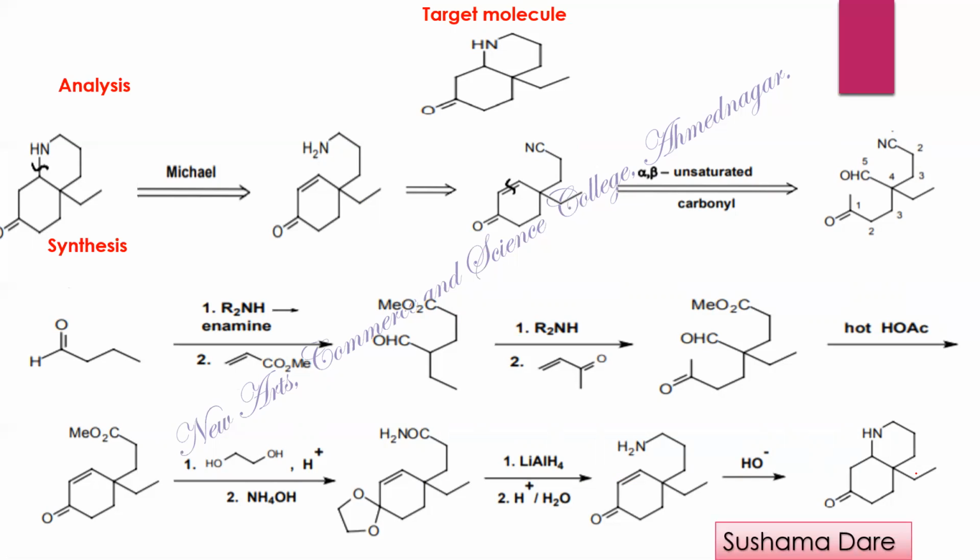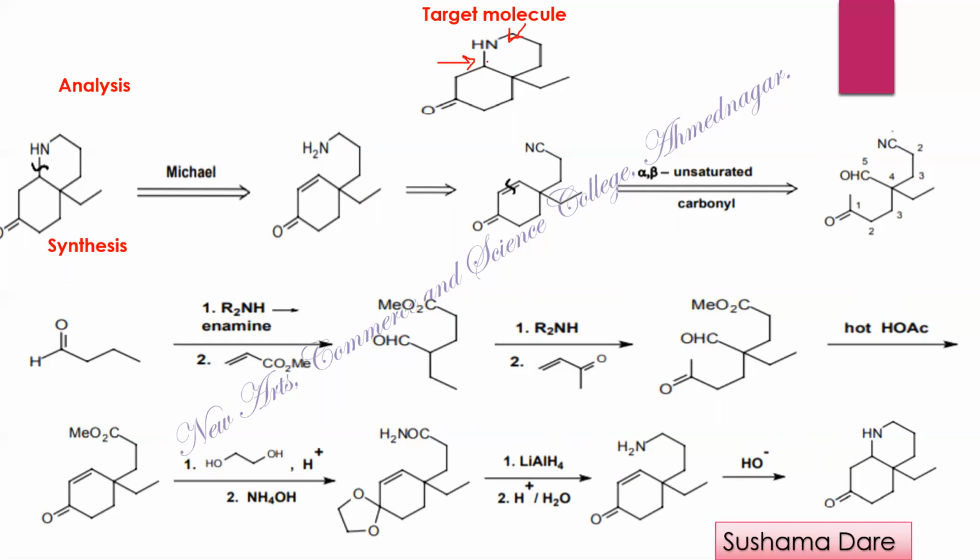In one case, there is the more substituted carbon, and on the other hand, there is the less substituted carbon. So with respect to that, we have to consider where to disconnect. You can see this carbon is the more substituted carbon, while this other carbon is the less substituted carbon.